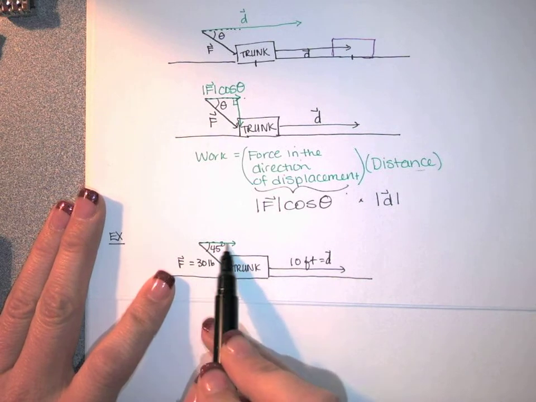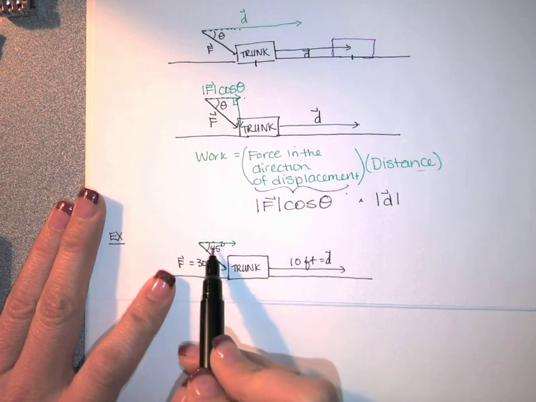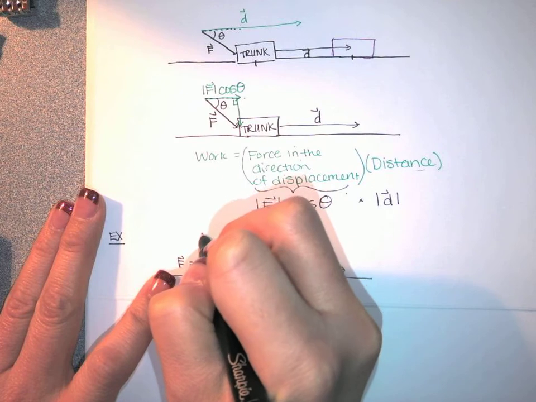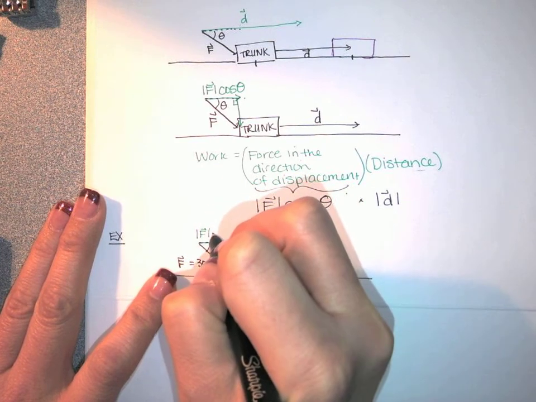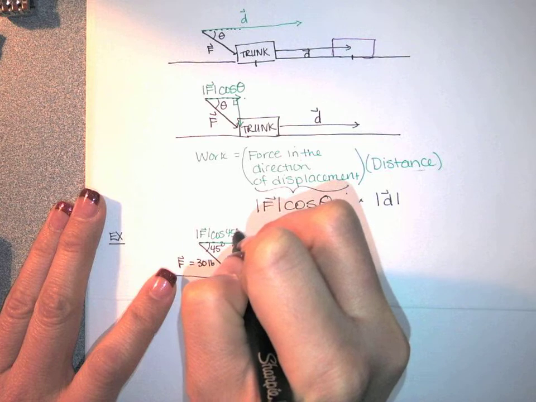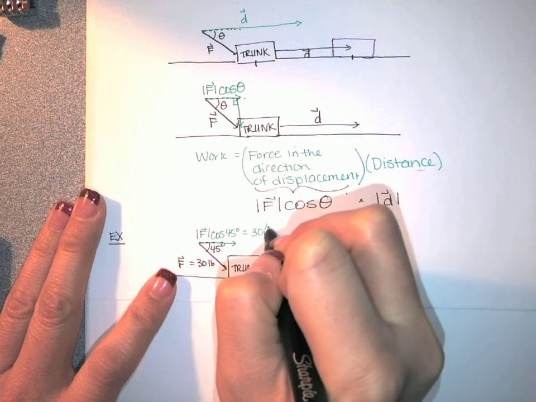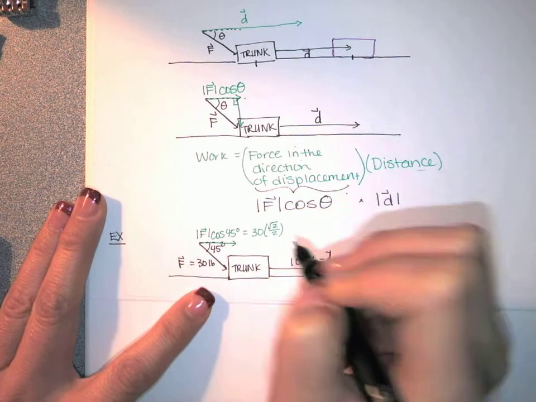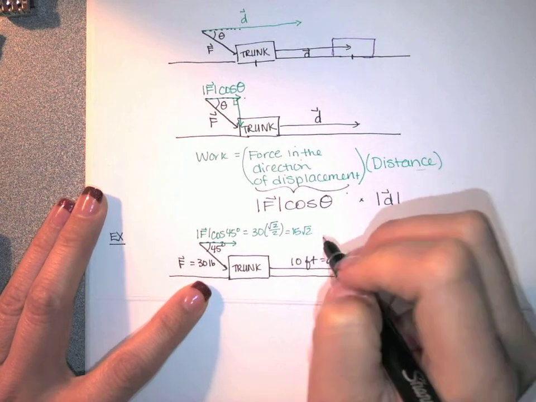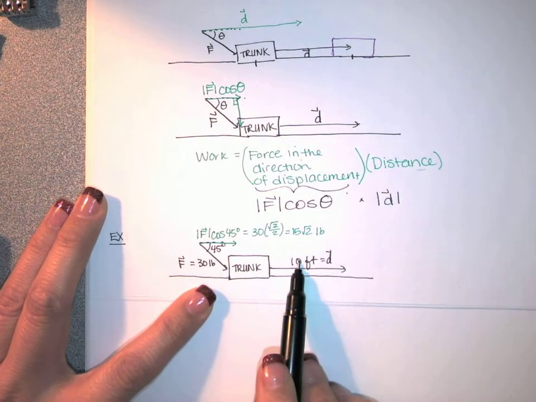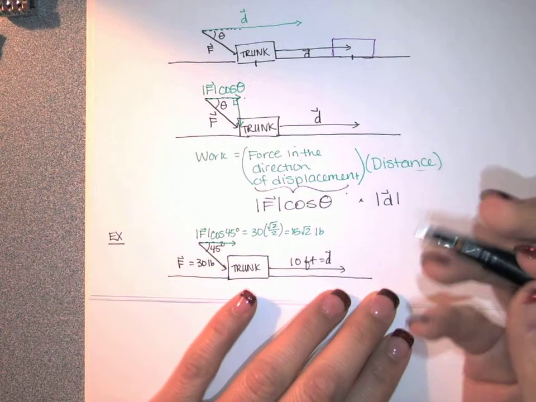So this side of the force vector is adjacent to the 45 degrees, so it's going to have a magnitude of the magnitude of the force times cosine of 45, which is 30 times square root of 2 over 2. That's pounds. So that's 15 root 2 pounds, and I'm multiplying it by this many feet.